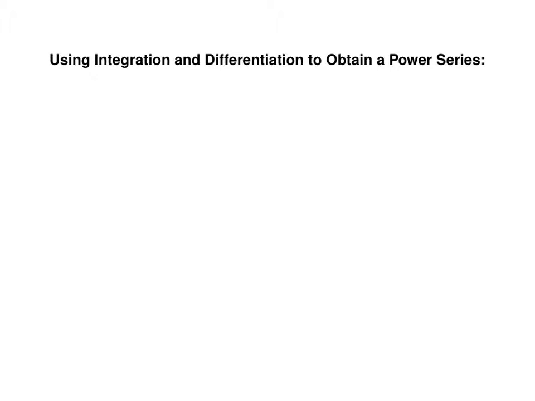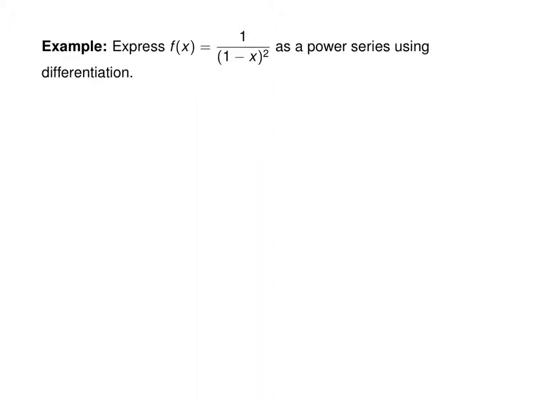Now, the final technique we're going to learn is how to use integration and differentiation to obtain a power series. So let's do a few examples. So f of x is 1 over (1 minus x) squared, and we want to express this as a power series using differentiation.